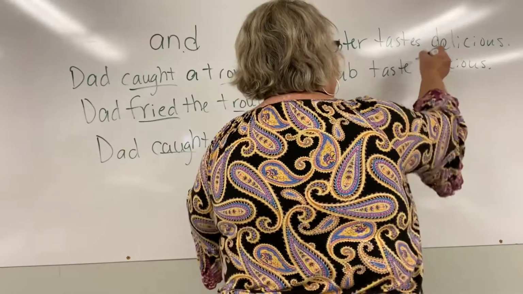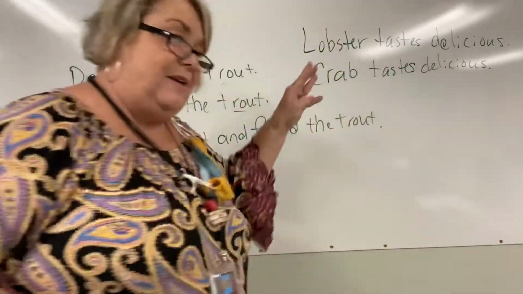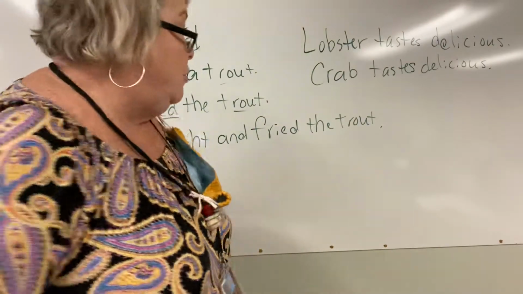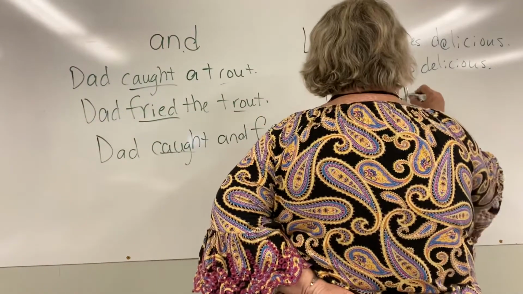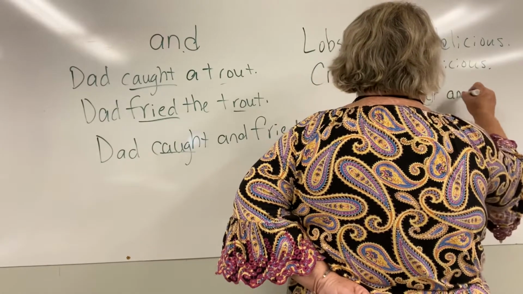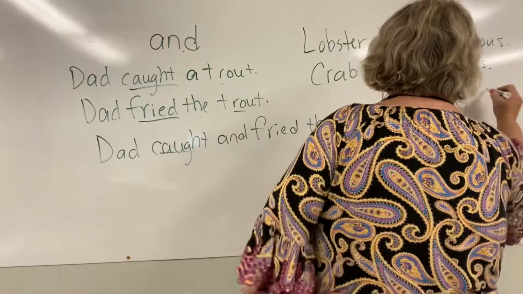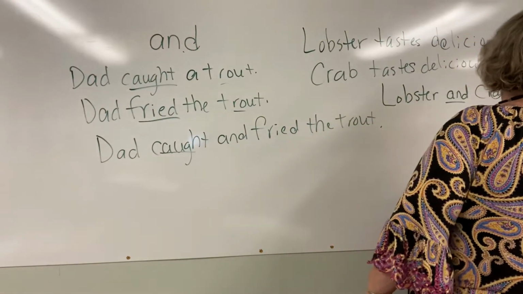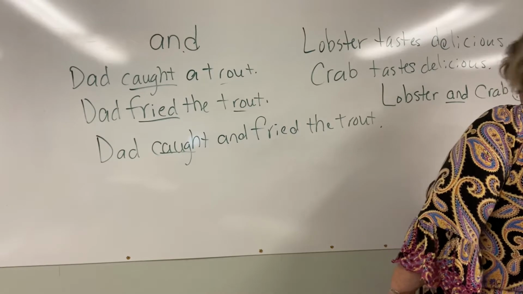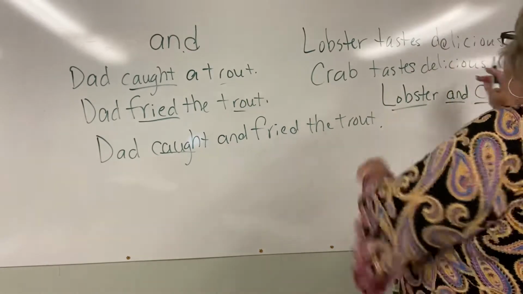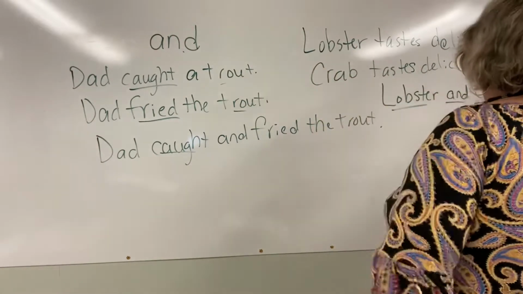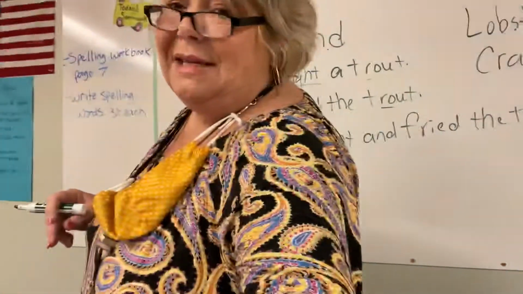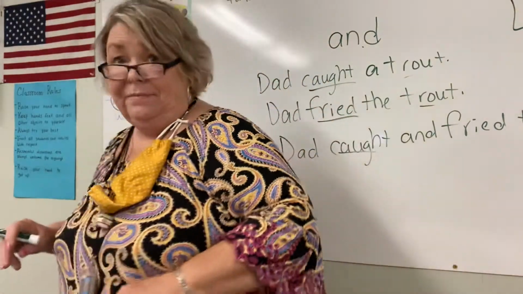Tastes, you have an S on your verb if you don't have an S on your noun. But if you combine them, you would say lobster and, there's that word again, right? Crab taste delicious. So we're using both of our subjects. They both taste delicious. So you can combine them into making one sentence. Does that make sense? Yes.